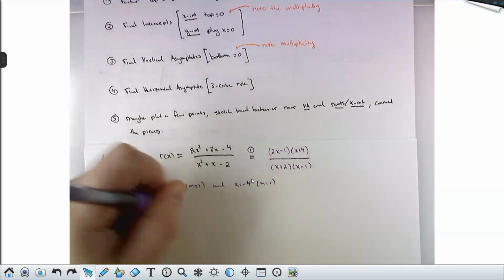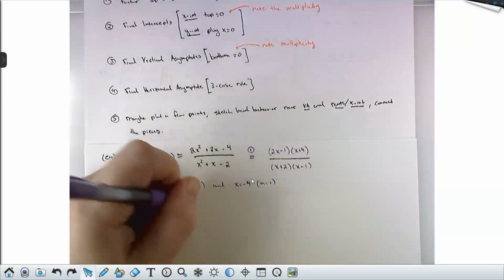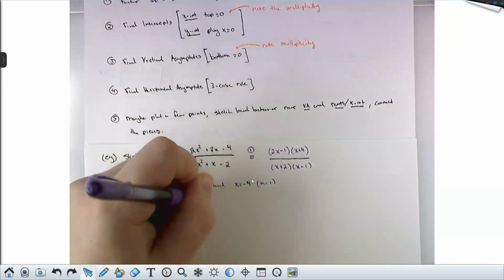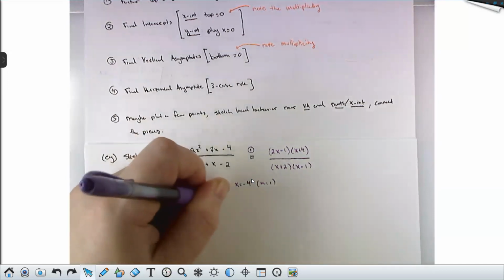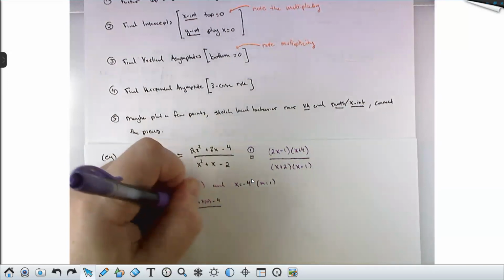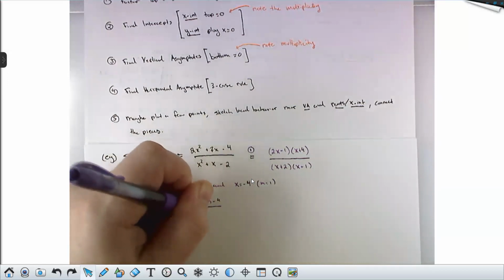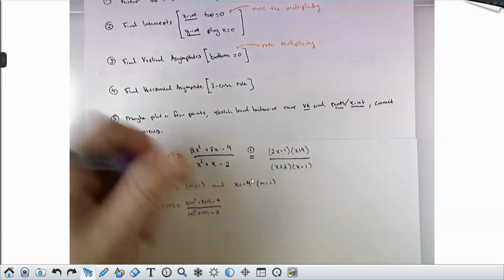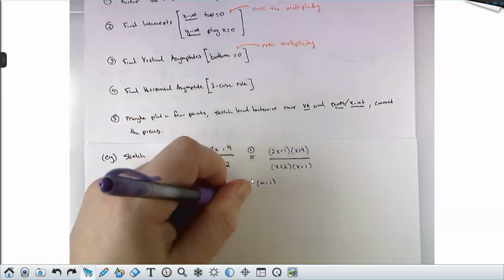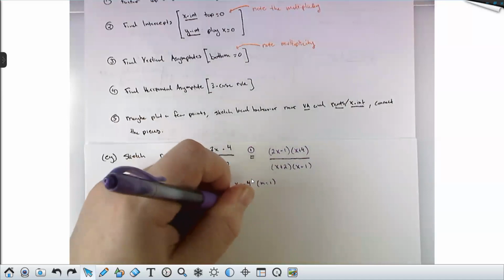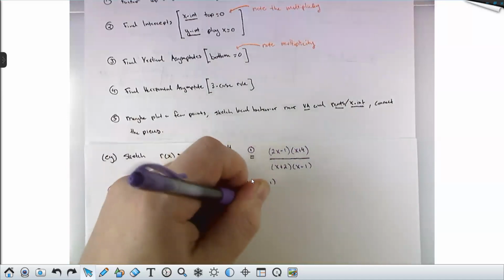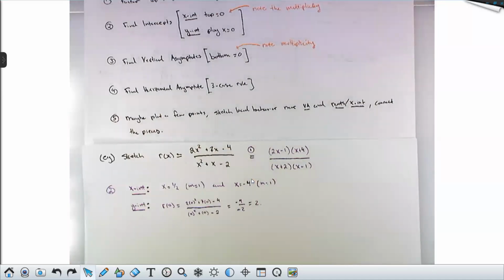So r of 0 is 2 times 0 squared plus 7 times 0 minus 4, divided by 0 squared plus 0 minus 2, which is -4 over -2, which is +2. So my y-intercept is 2.